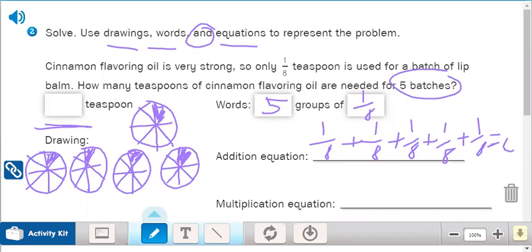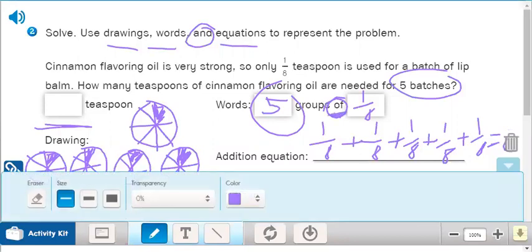Okay, so the nice thing about multiplying is all you would need to do for your equation, 5 batches, 5 groups, as we wrote above there, of, whenever we see the word of, that's a clue word for us. Of means that we will be using multiply. That's kind of a multiplying number.